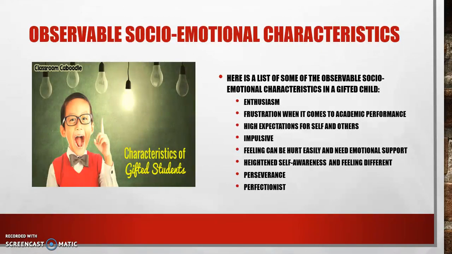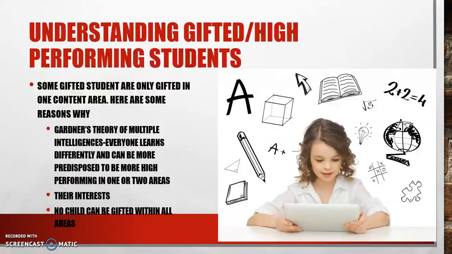They can be a little impulsive. Feelings can be hurt easily, and they need emotional support. They have heightened self-awareness and feel different, because they know they are very bright and can recognize that within themselves. They have a lot of perseverance, and as I mentioned a minute ago, they are perfectionists.